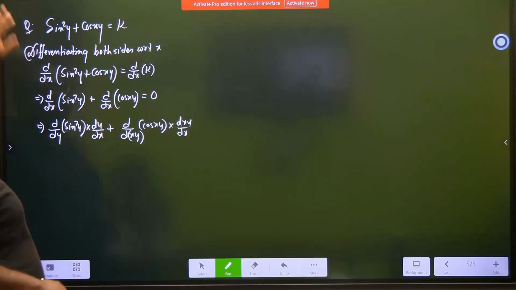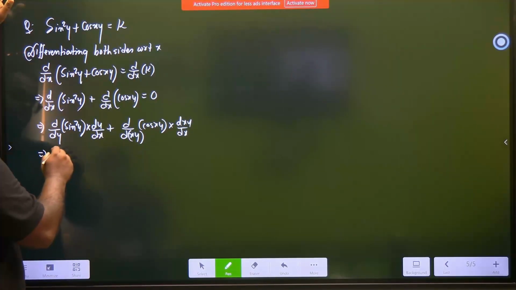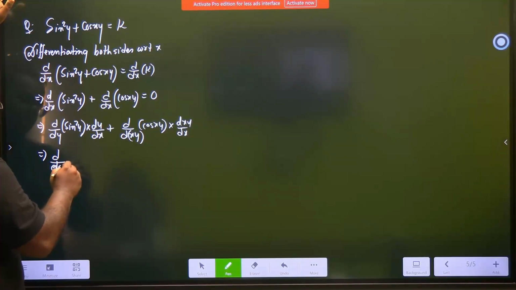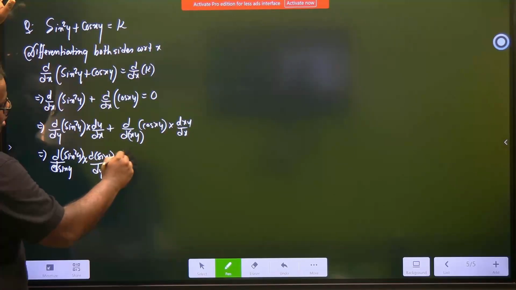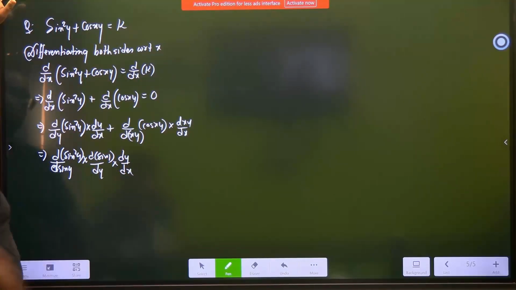You know what went wrong? You can't differentiate like this. This is d sin y into sin squared y into d of sin y by dy into dy by dx. It's a power. That's where I was stuck earlier also.